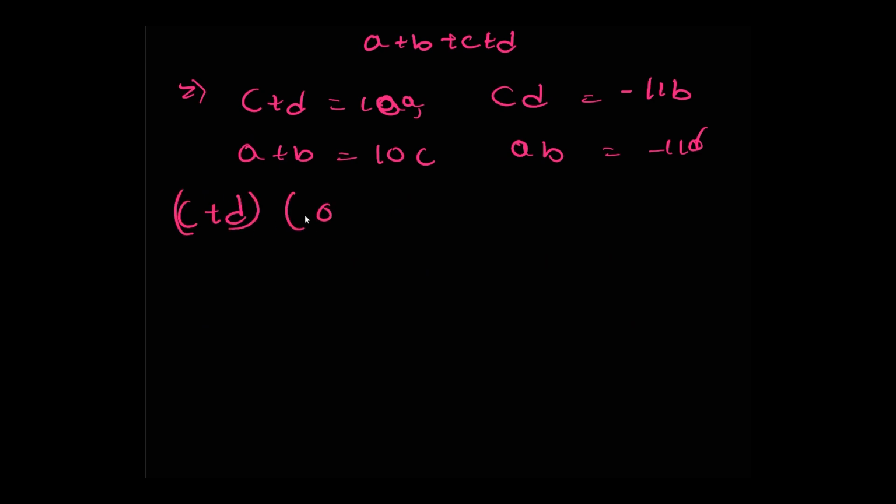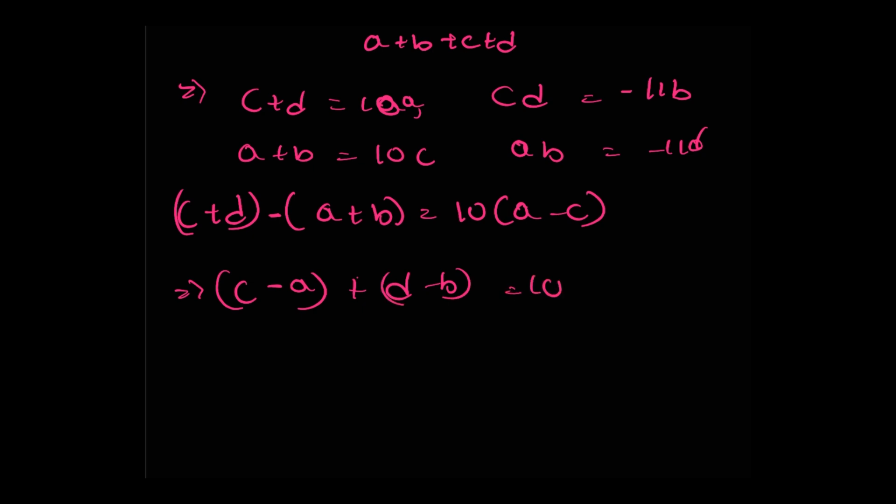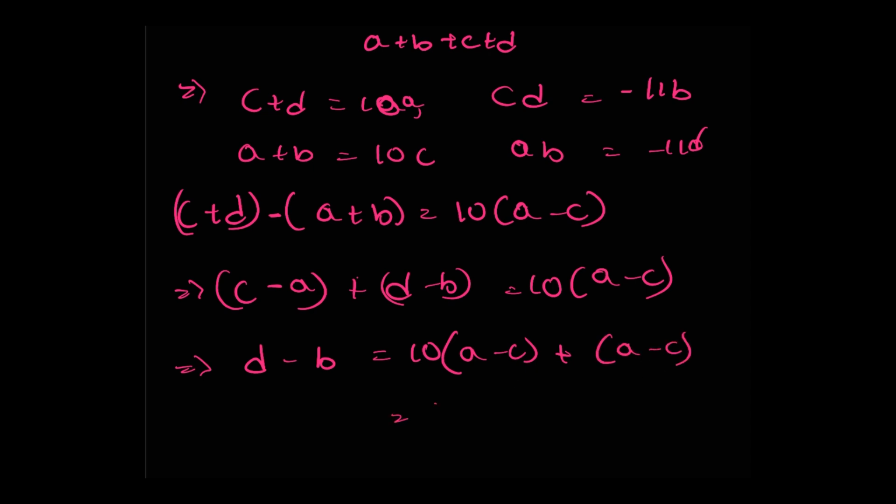We get c plus d minus a plus b equals 10 of a minus c. That implies c minus a plus d minus b equals 10 of a minus c. That implies d minus b equals 10 times a minus c plus a minus c. That equals 11 times a minus c.